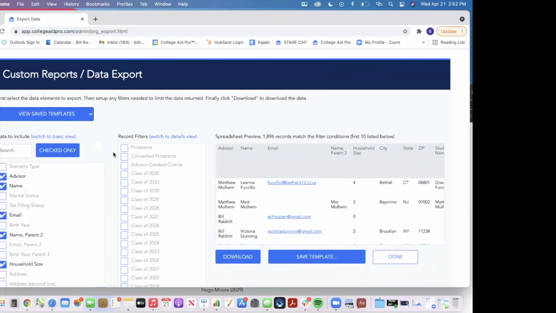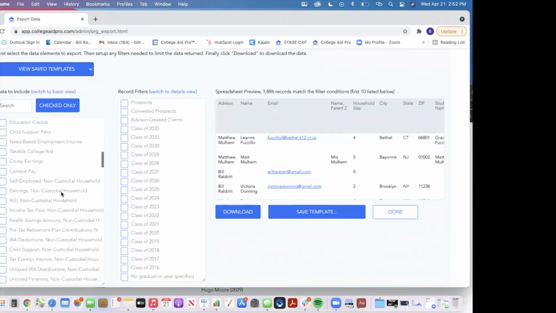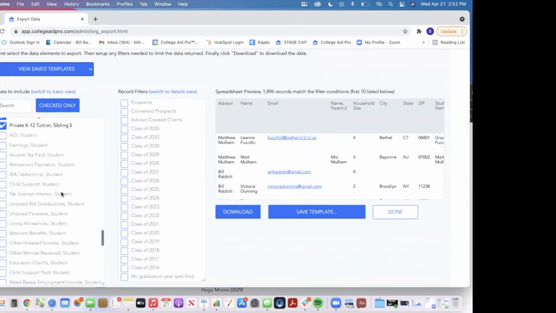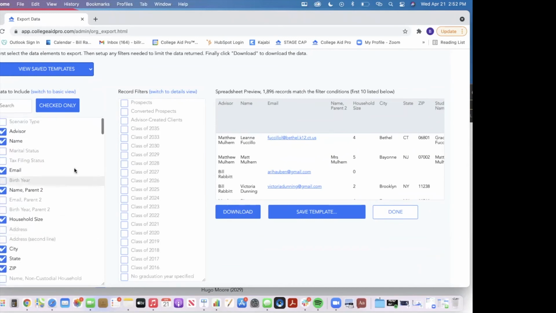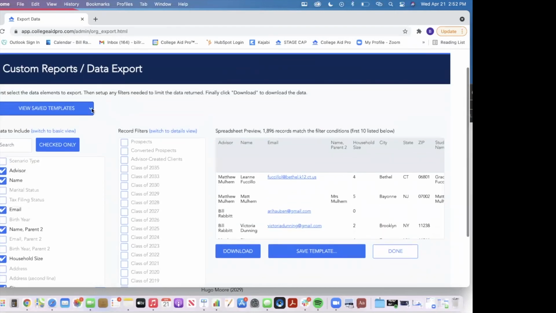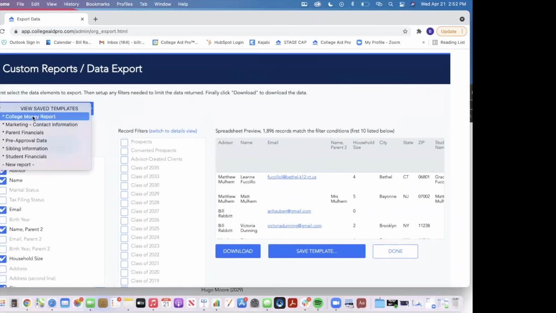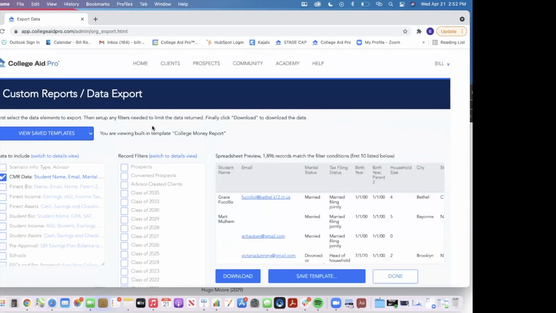And when you take a step back, we collect a lot of data here, right? So it could be a little overwhelming. But if you take your time and sift through it, you can build your own custom report. But to help folks get out of the box here, we built just off the shelf templates, right? So, we have a college money report template, right?